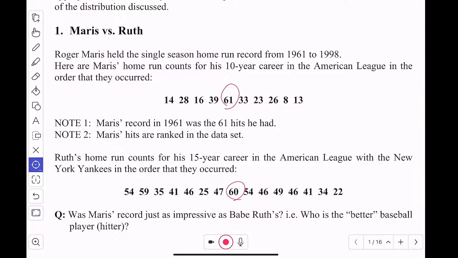So the question is, despite that, could you make an argument that Babe Ruth is the better baseball player? Based on his 15-year career, home runs, hits in the season, is he a better baseball player? What do you say by just looking at the numbers?